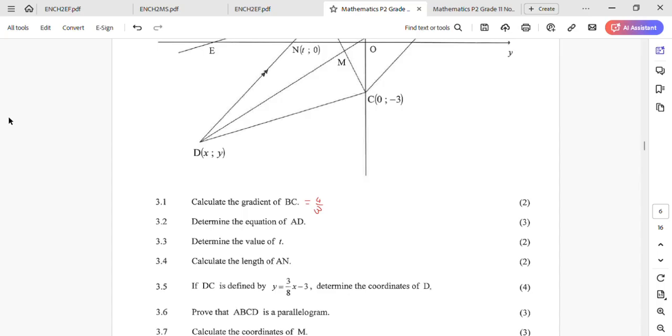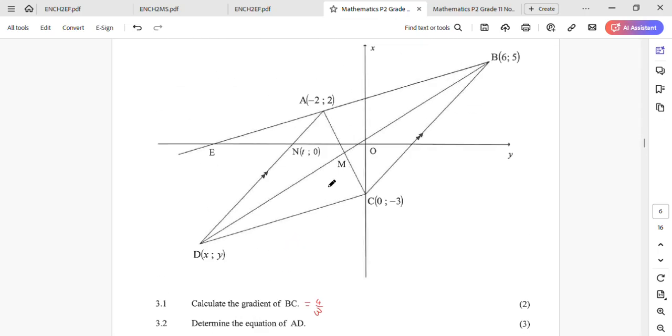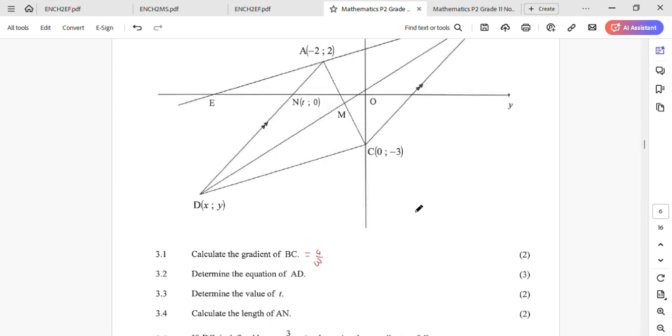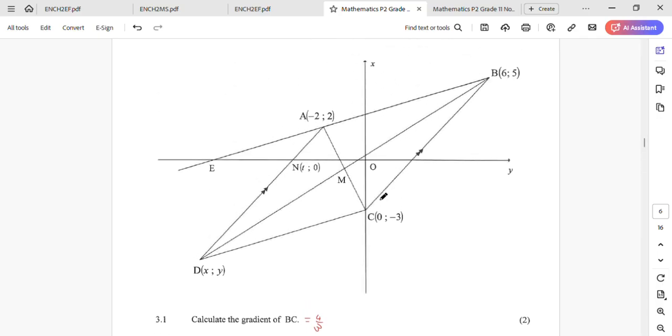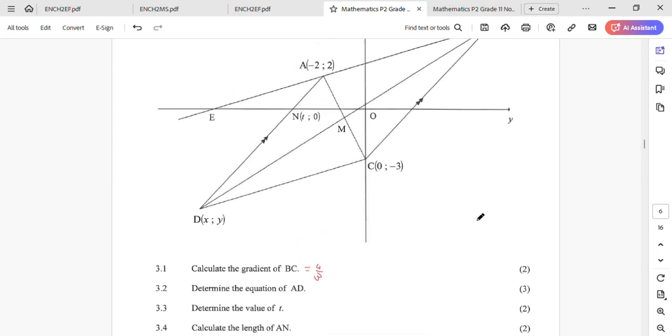Okay, let's go. Okay, 3.2. Determine the equation of AD. Since AD is parallel to CP or BC, whatever you want to call it, we're going to have the gradient of DA or AD equal to the gradient of BC since they are equal.